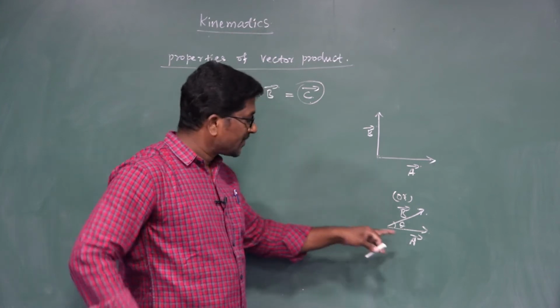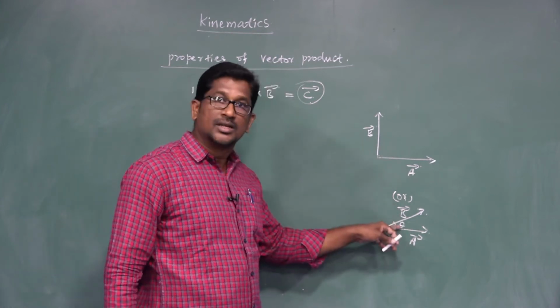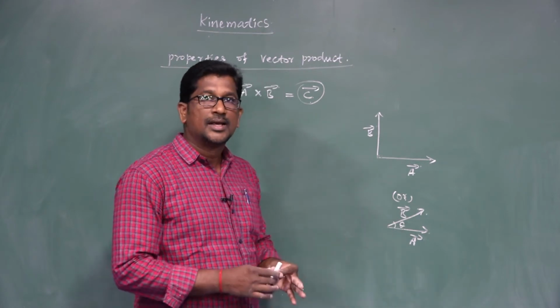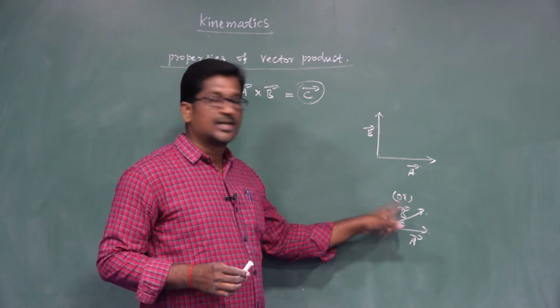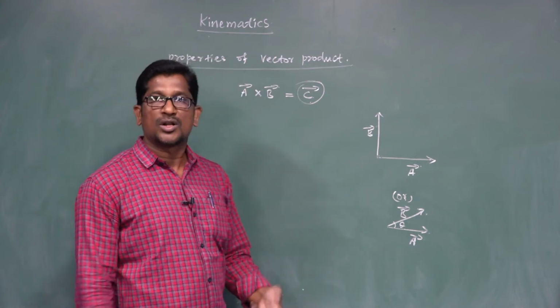So whether or not A vector and B vector are mutually orthogonal, the direction of the C vector is always perpendicular to both. This is a very important property of the vector product of two vectors.